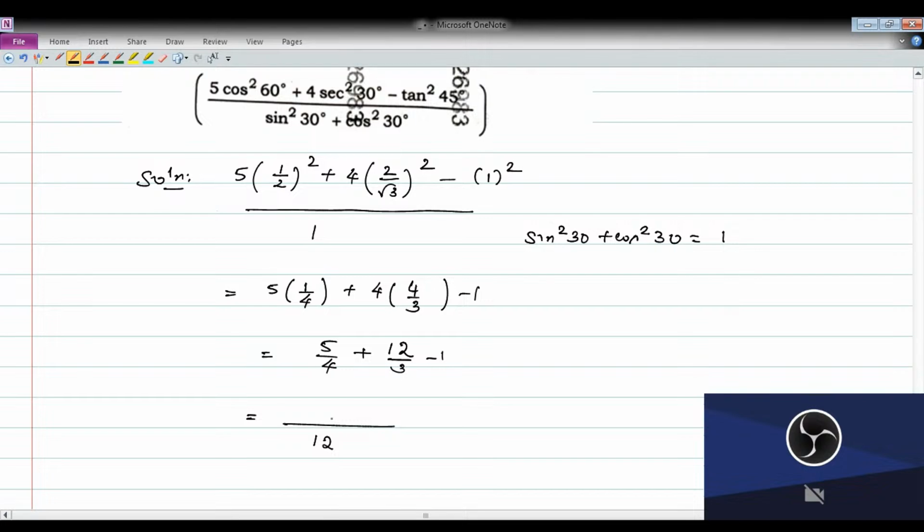So it becomes 5 into 3, 15, plus 12 into 4, 48, minus 1 into 12, divided by 12. So 15 minus 12 is 3, 48 plus 3 is 51 by 12, which is the required answer.